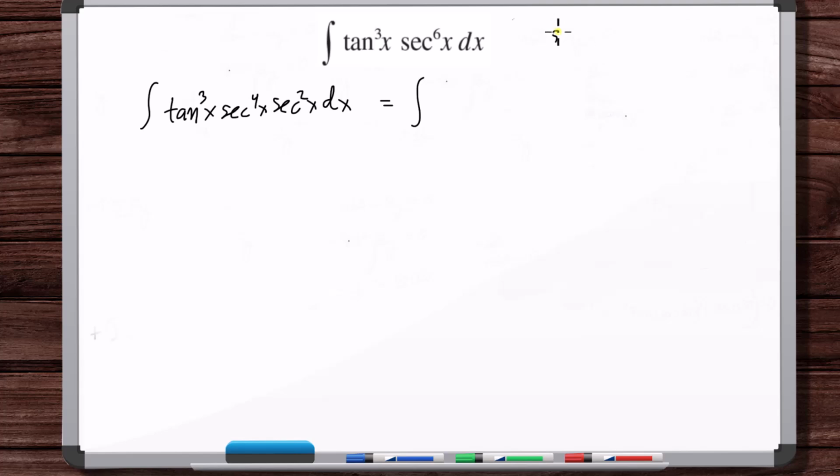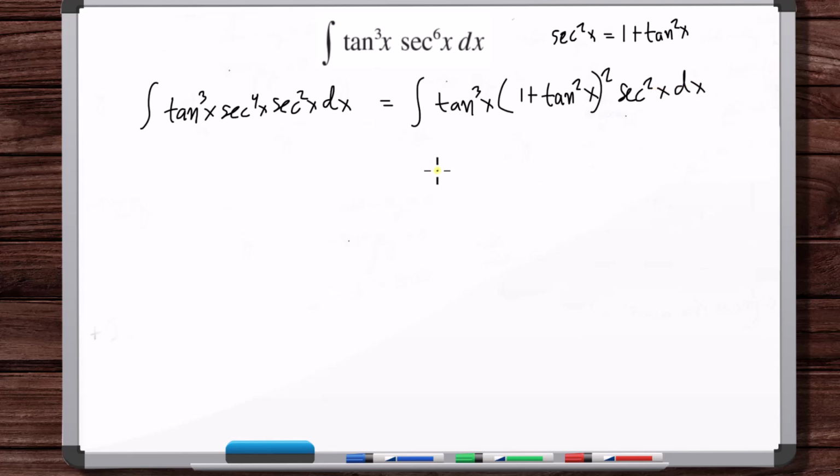So secant squared x is equal to 1 plus tangent squared x. So tangent cubed x, and then we've got 1 plus tangent squared x squared, secant squared x dx. So u is equal to tangent x, du is equal to secant squared x dx.